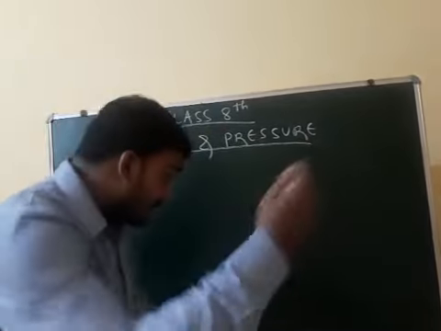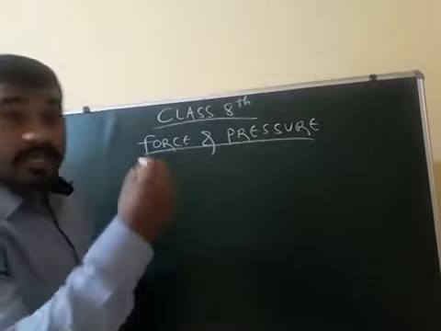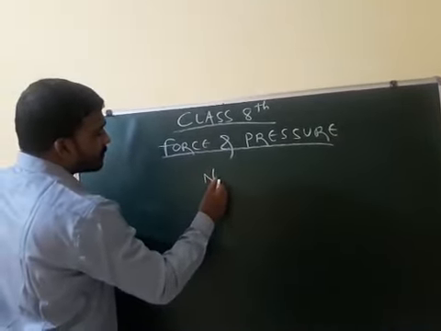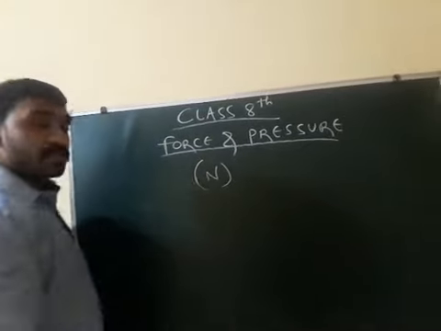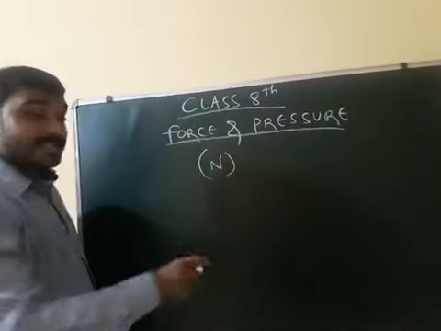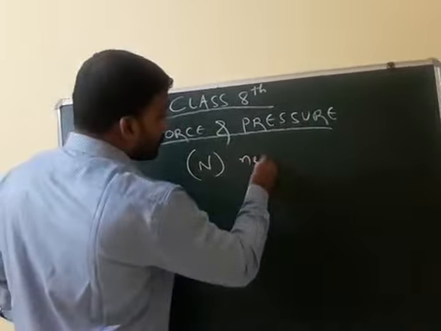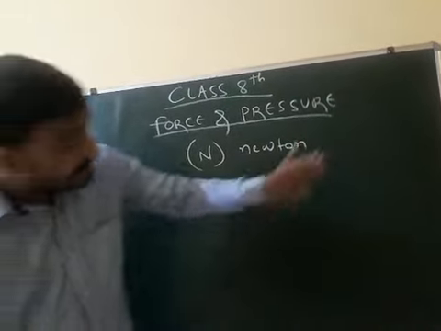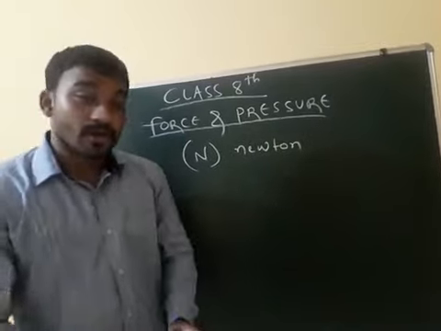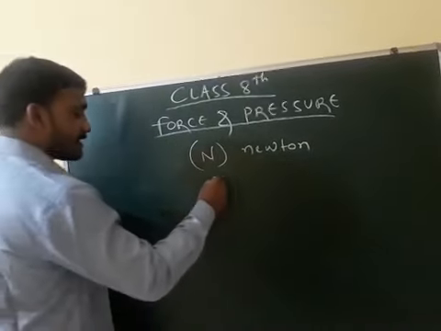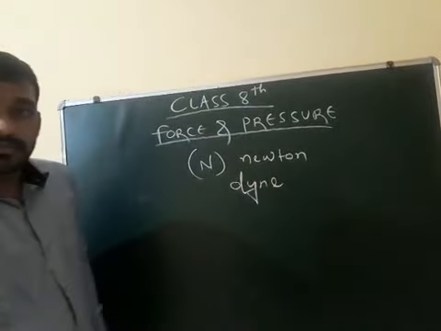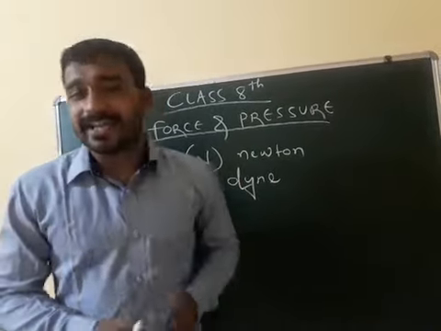Understood? Then the SI unit of force is Newton. If you are writing the symbol, it is capital N, otherwise small newton. So the SI unit of force is Newton, whereas the CGS unit is dyne. The CGS unit is what? Dyne.